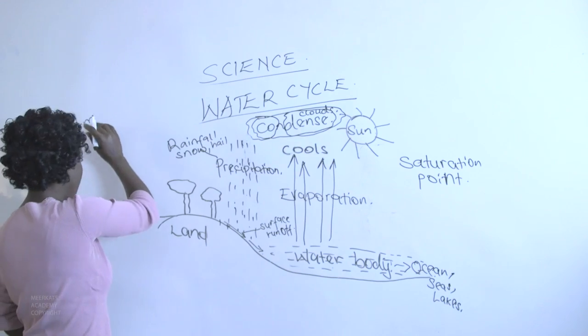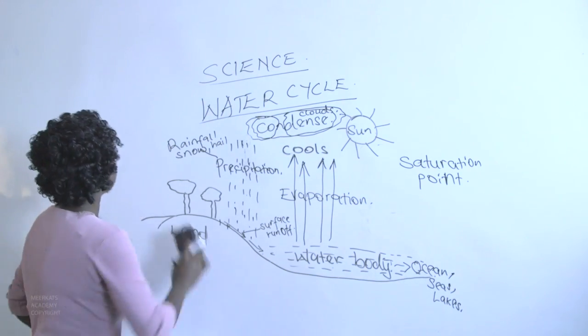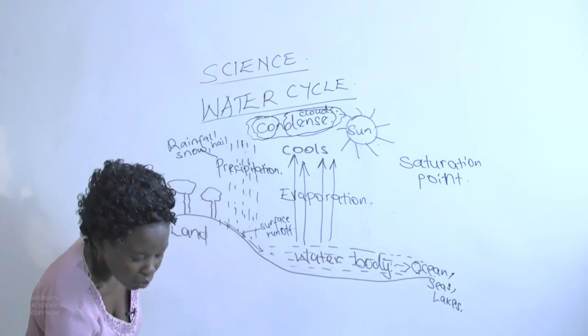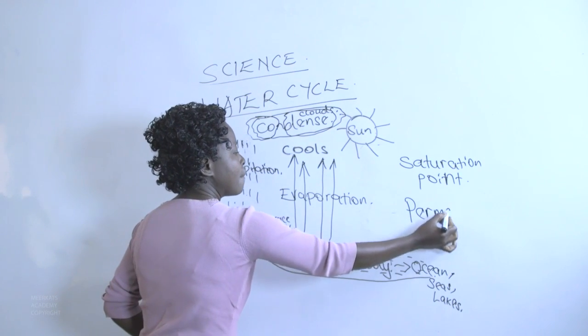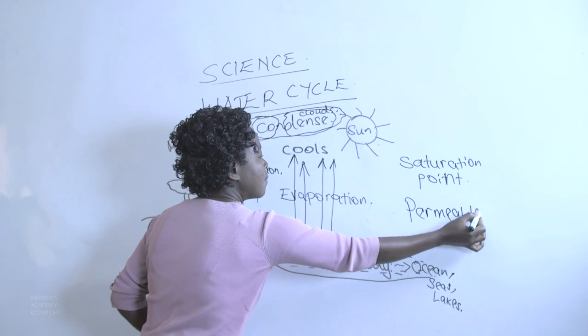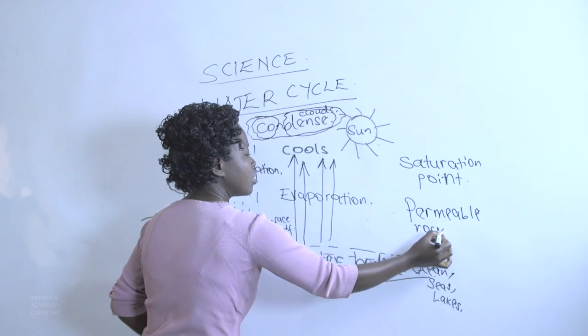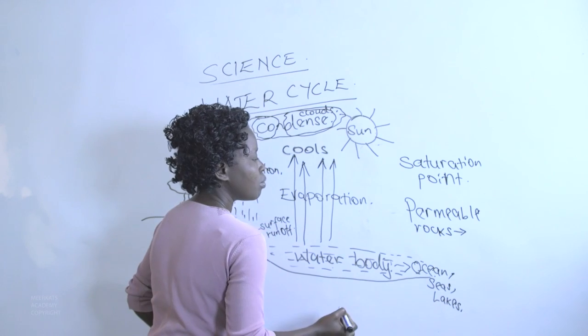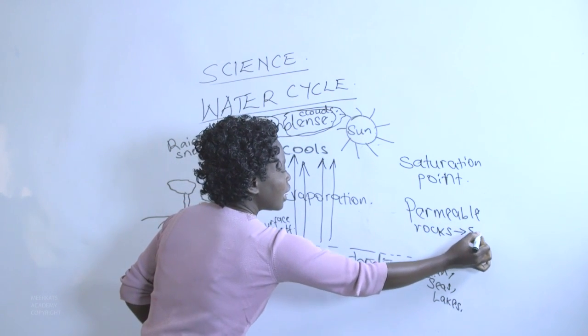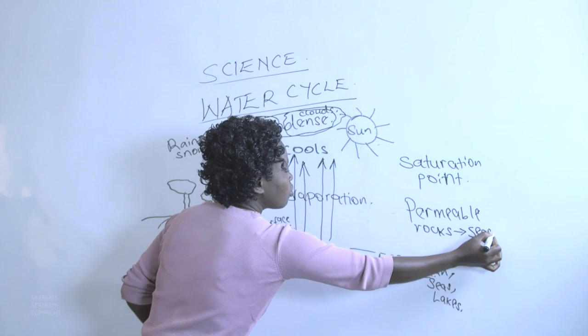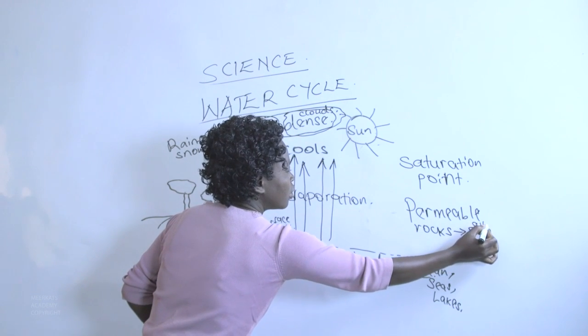So we are talking about permeable rocks, and permeable rocks are those rocks that can allow water to seep through.